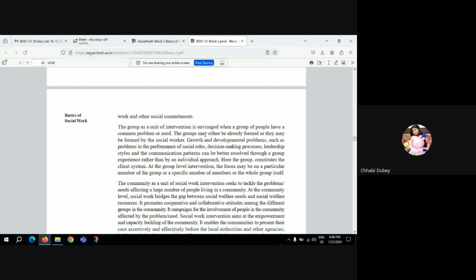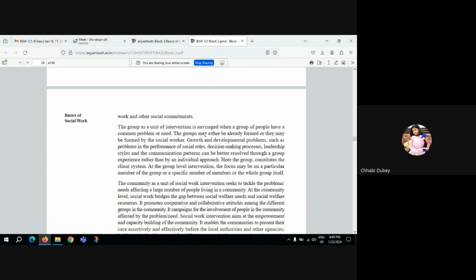Now, social work at the community level promotes cooperative and collaborative attitudes among the different groups in the community. It also campaigns for involvement of people who are affected by the problem. Social work intervention will aim at the empowerment and capacity building of the community.